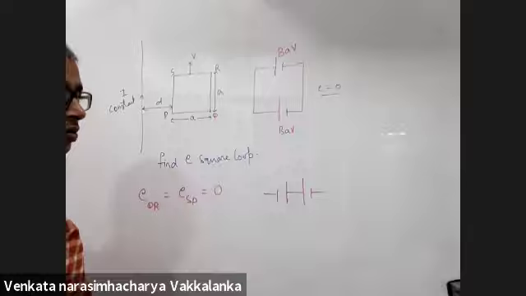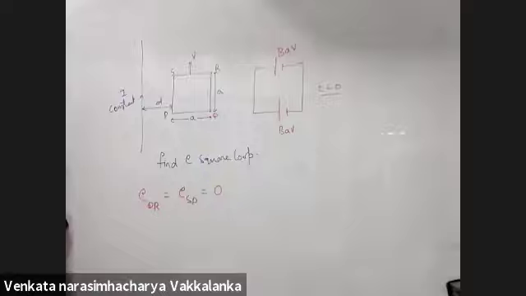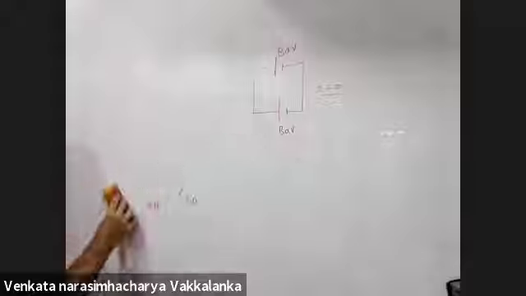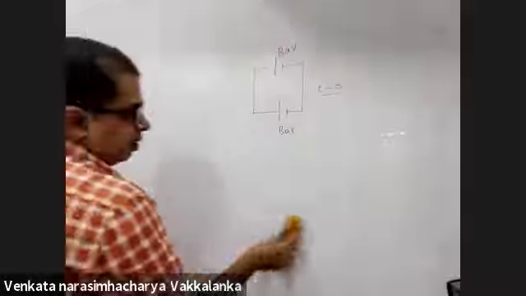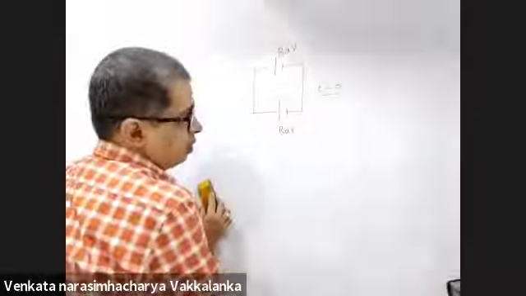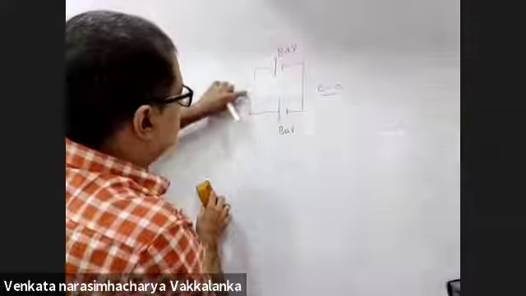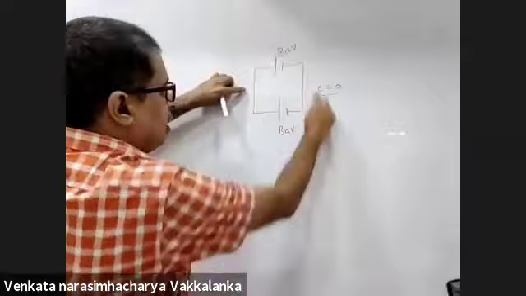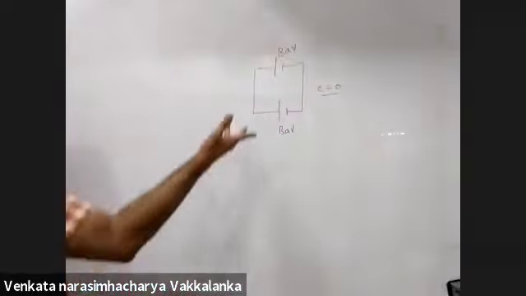Positive connected to positive. Got it. But this does not seem like adding up two batteries in parallel. That means the resistance should be kept parallel to this. Keep a branch like this in parallel, then it will be BLV by R, BAV by R, whatever.